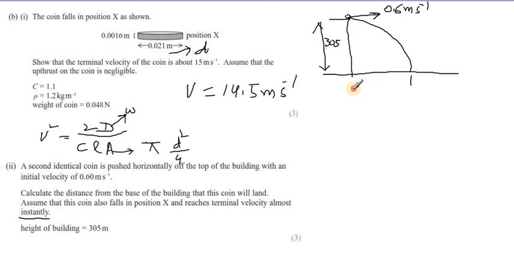Finally, you need to find the distance from the base. This is your prime requirement, which is the horizontal distance. So horizontal distance is all about the projectile. You need to use S equal to UT. U is the horizontal velocity, which is given. You can use 0.6. You can find the distance, but you don't have the time.